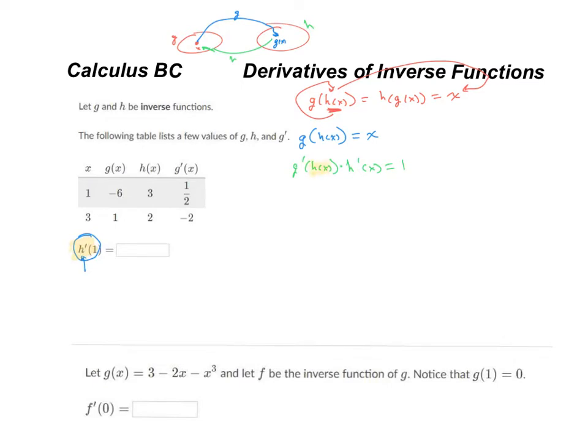Because whenever I take the derivative, out comes that h prime, and that's what I want to solve for. So I'm going to divide both sides to get h prime of x equals 1 over g prime of h of x.